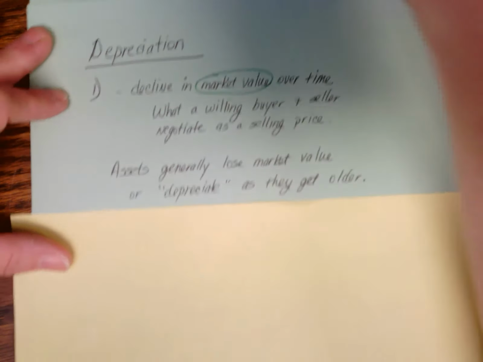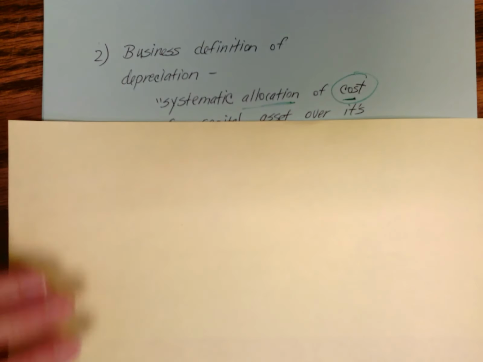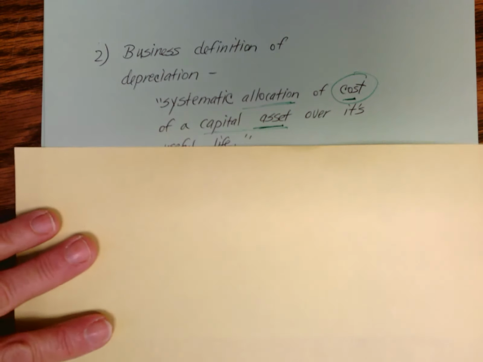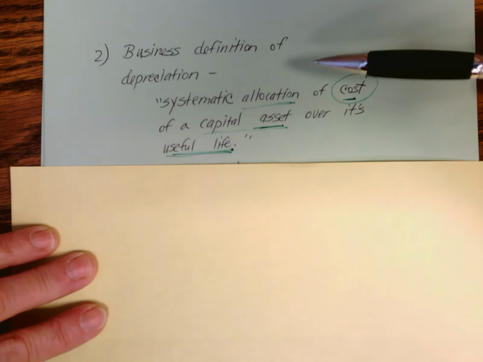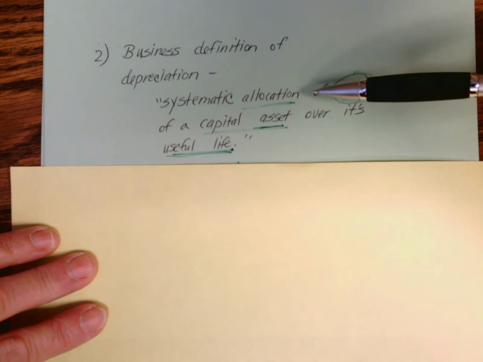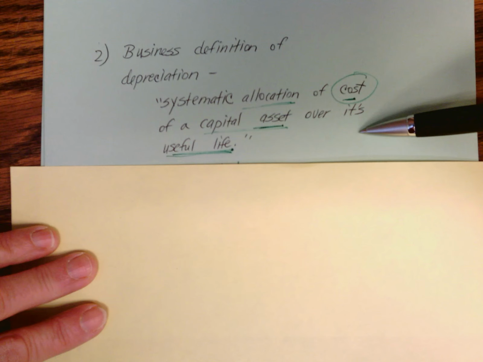There's another use of the word depreciation that is more relevant in accounting and business that we need for the best analysis of cash flows of assets. So here's the business definition, kind of formal, for depreciation. It's the systematic allocation of an asset's cost over its useful life.